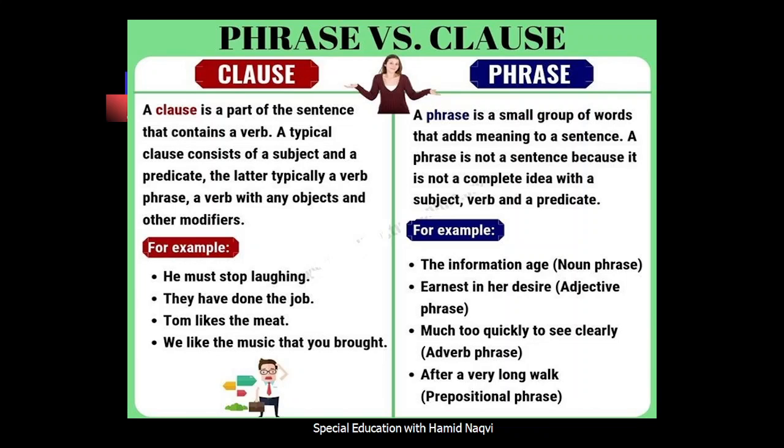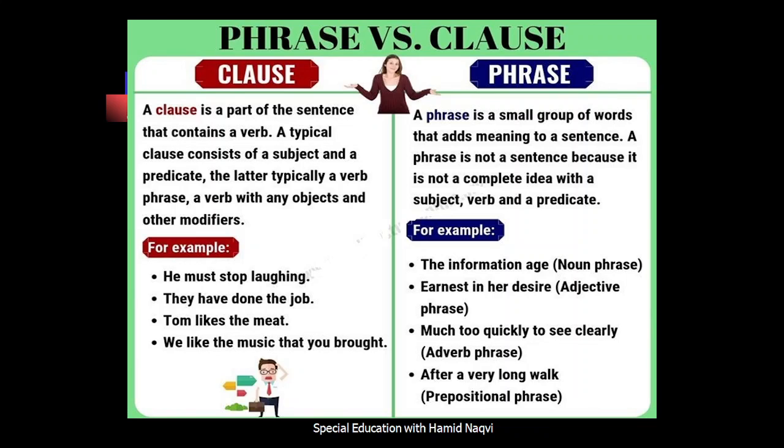And the examples are given here also. He must stop laughing. He is a pronoun. Stop is a verb. So the clause has got a subject as well as a verb or a predicate.